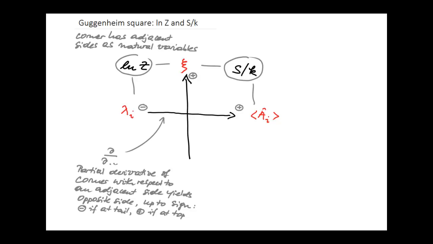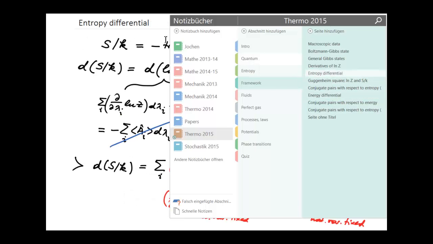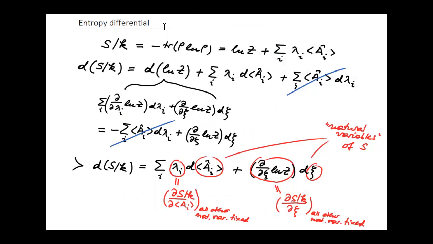And since we start at the top of the arrow, there's a plus sign. Let's check whether this is true. Let's go back to the previous page where we had the entropy differential. Let's look at the last line. We identified lambda equals the partial derivative of S over K with respect to the expectation value AI with a positive sign. So it works.